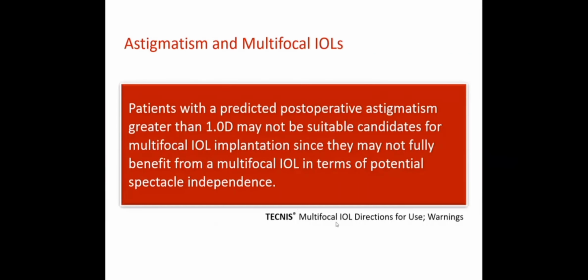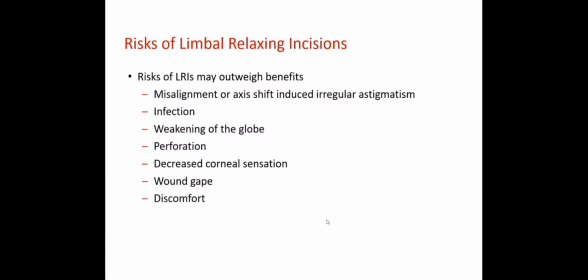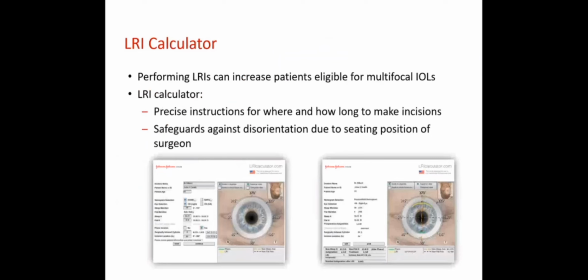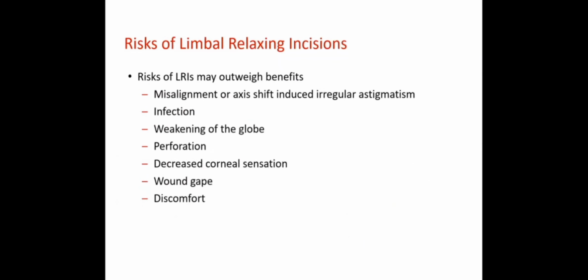The other ways of correcting astigmatism not mentioned here could also be laser refractive surgery. So laser refractive surgery, like LASIK or PRK, also can correct astigmatism. And I believe SMILE does not correct astigmatism.